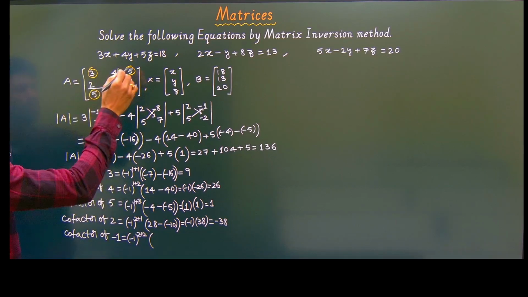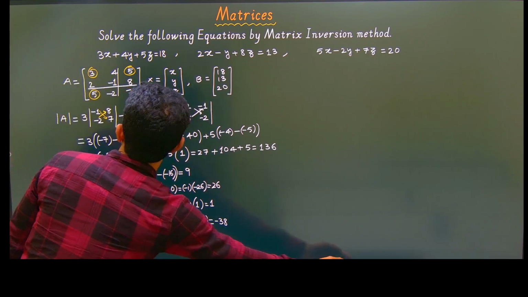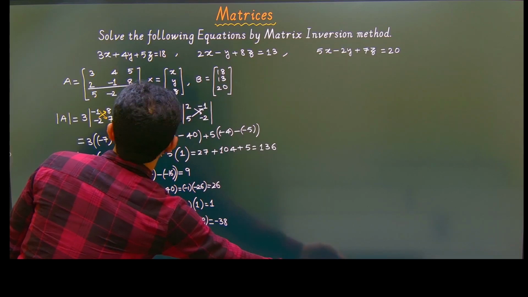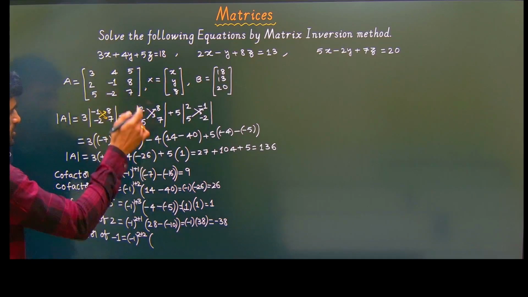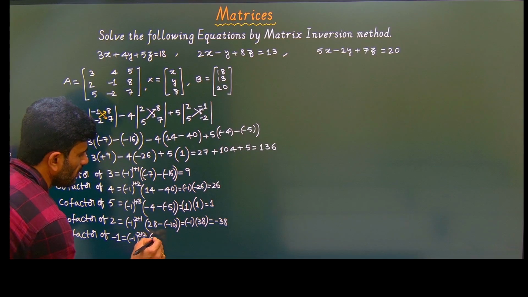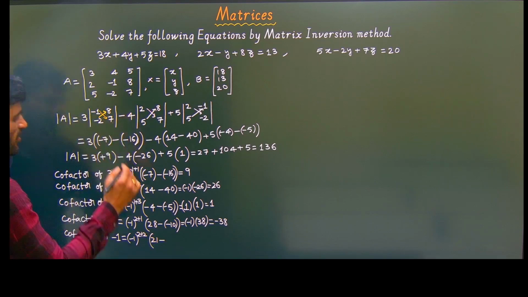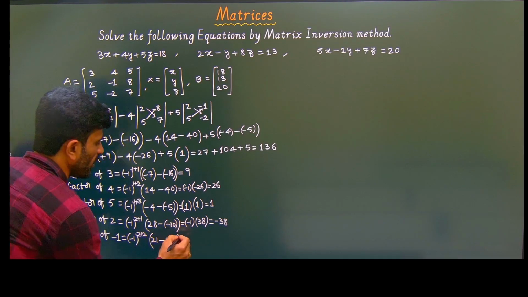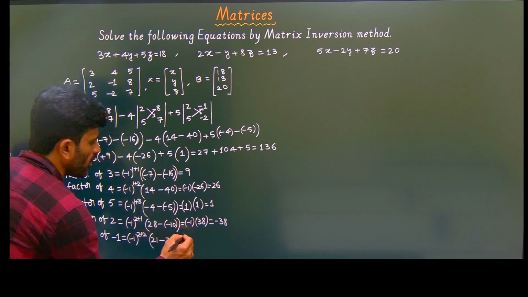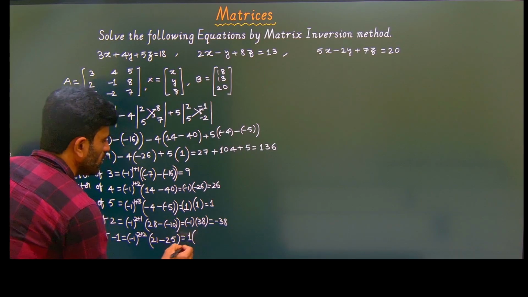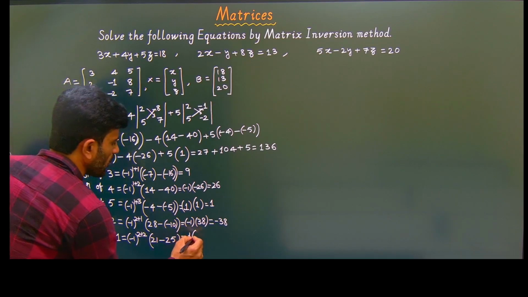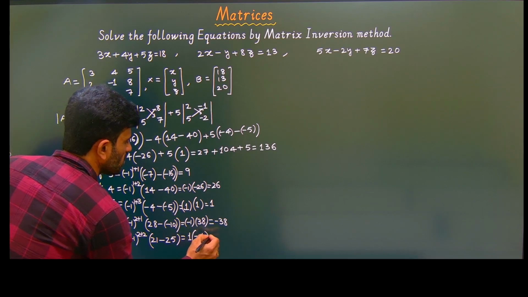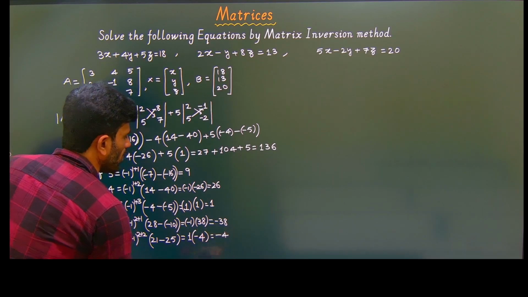So 3 sevens are 21, 5 fives are 25. So multiply 3 into 7, 21, minus 5 into 5, 25. 21 minus 25. So that is going to be minus 1 whole to the power of 4, which is an even number. So 1 into 21 minus 25 is minus 4. So the result is going to be minus 4.